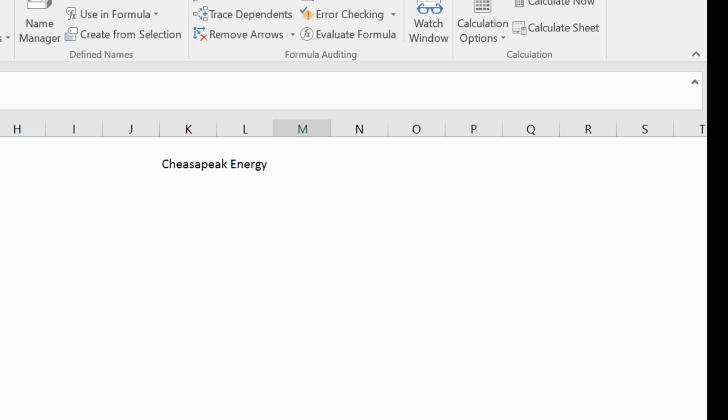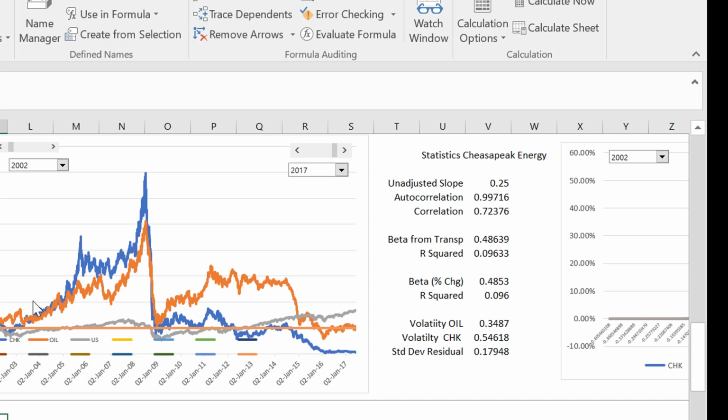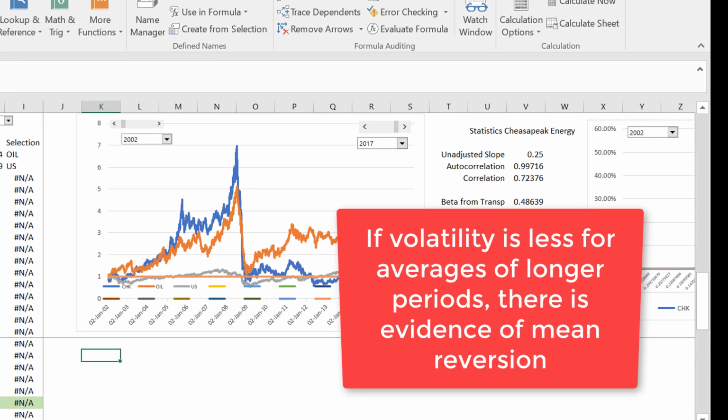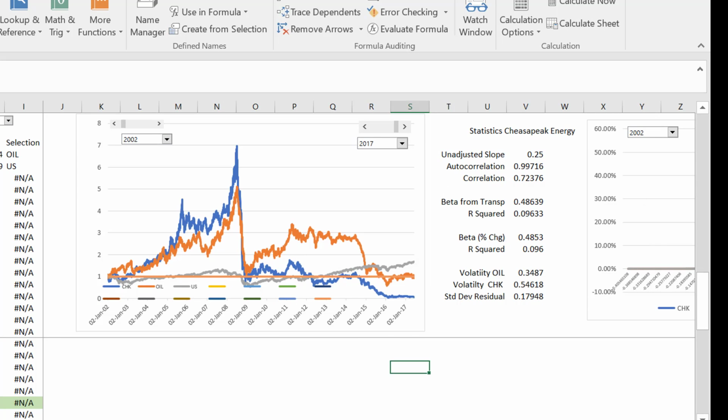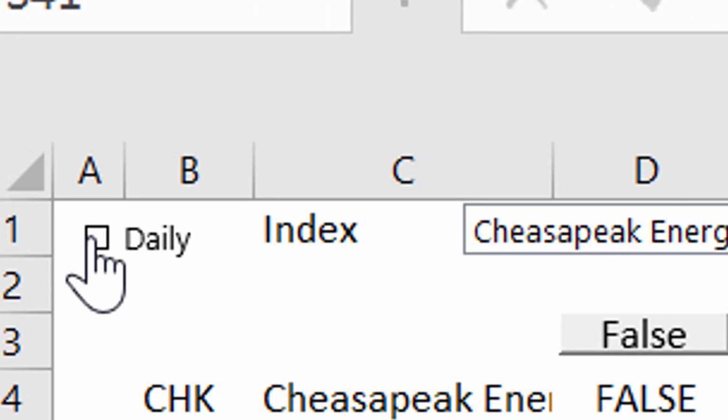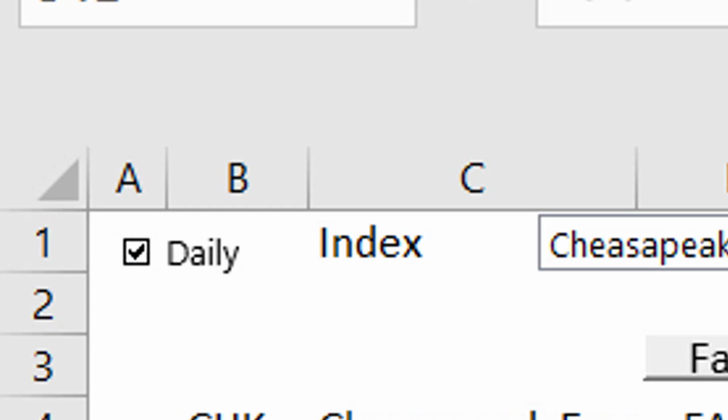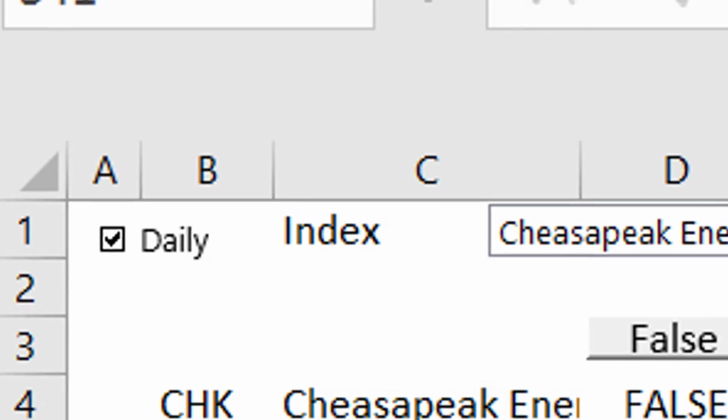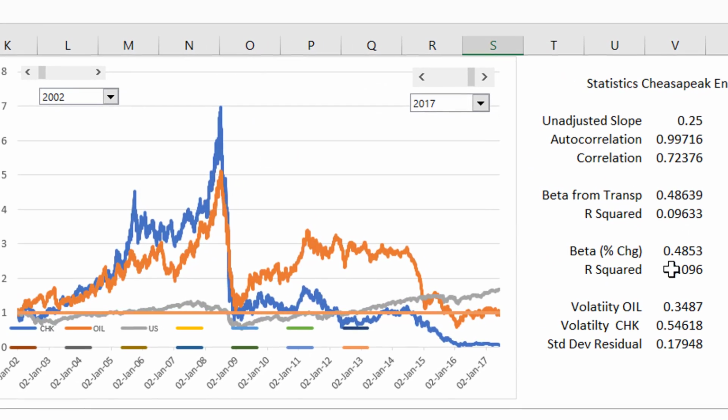So those are the statistics. And let's finish this off by looking at some of the statistics, which I've already shown you. Now, if I put this instead of daily, monthly, here's an interesting thing. The beta, you get a different measurement of the beta.